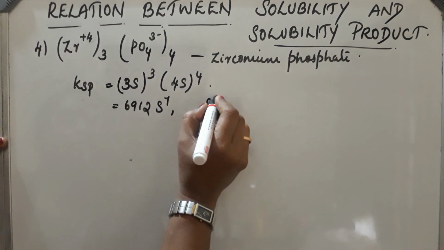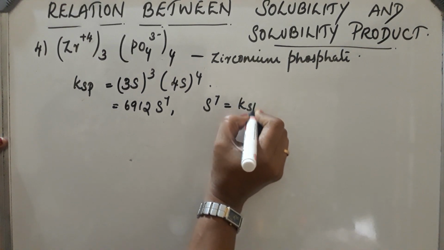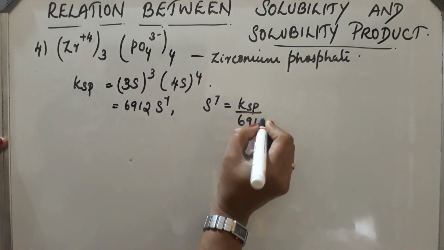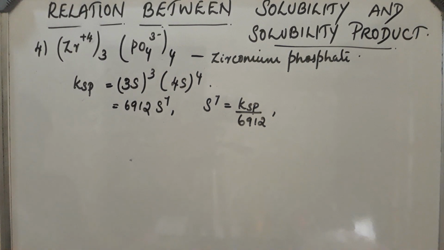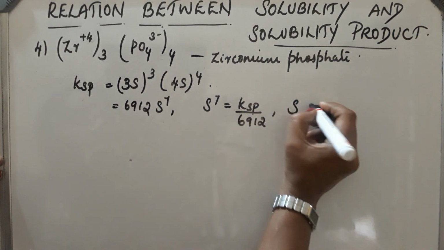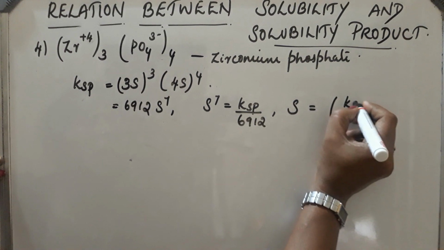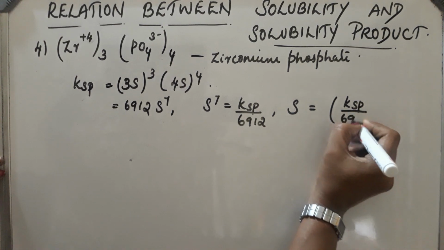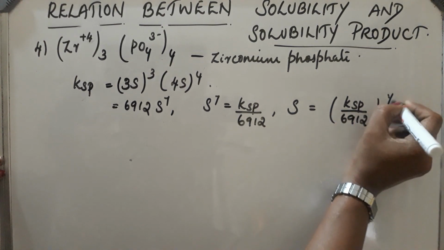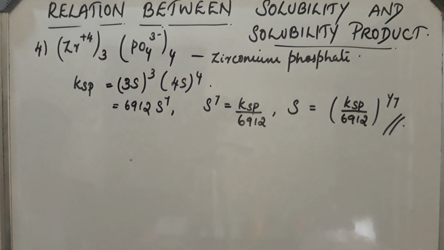Now S raised to 7 equals KSP by 6912, or S will be the 7th root, KSP by 6912 whole raised to 1 by 7. Like this, there are different types of salts which ionize in different ways and we can find the solubility like this.